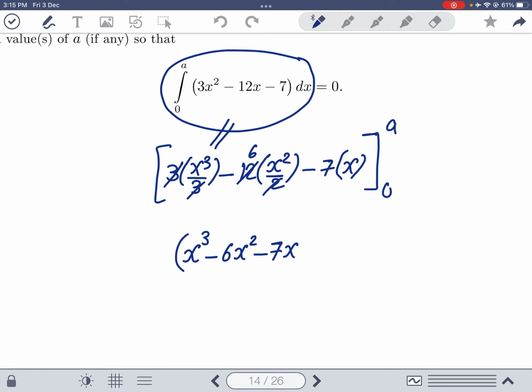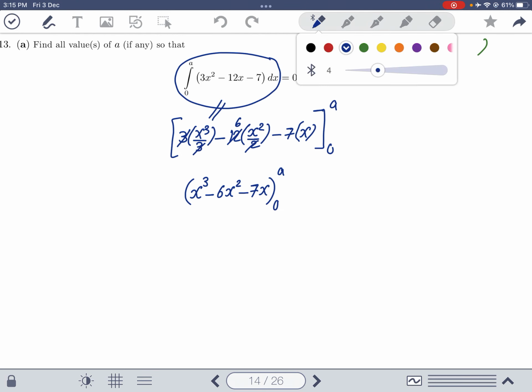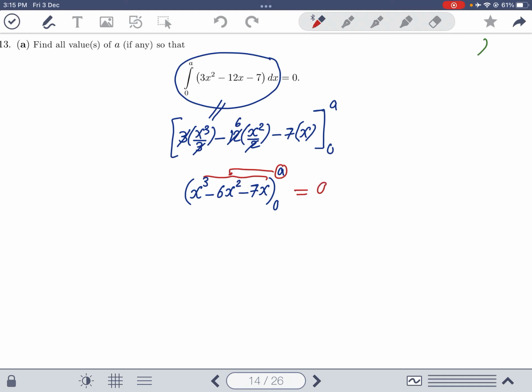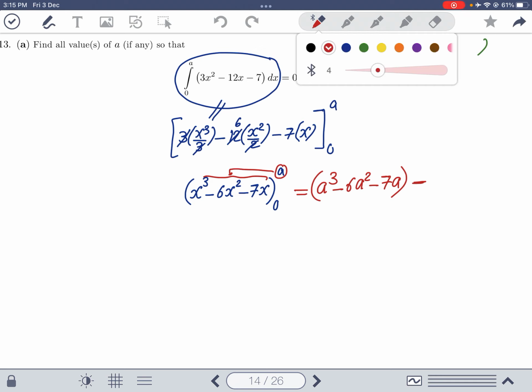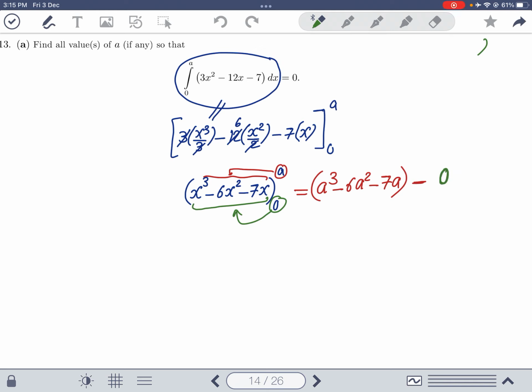Okay, so it is this between 0 and a, which means first put a in the formula. You'll get a cubed minus 6a squared minus 7a minus, now put 0 in the formula, but luckily all of them got 0 in them, so you'll end up just with 0 when you replace 0 in this formula.